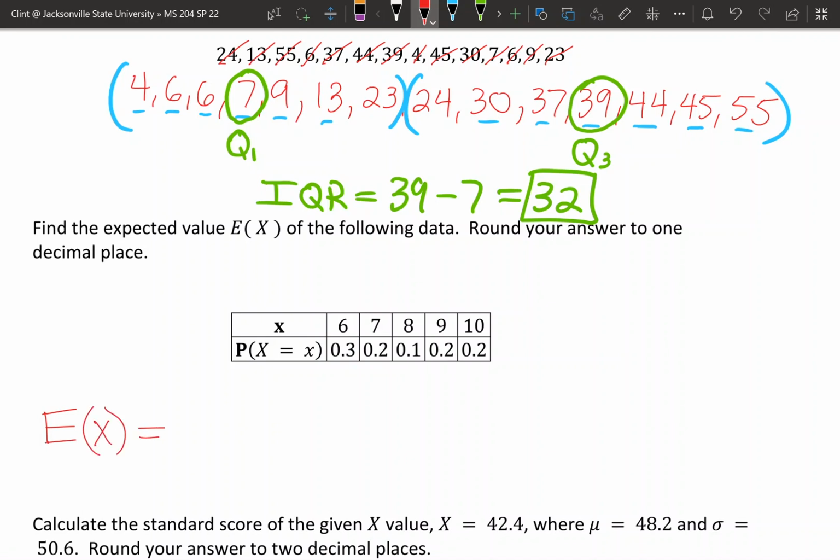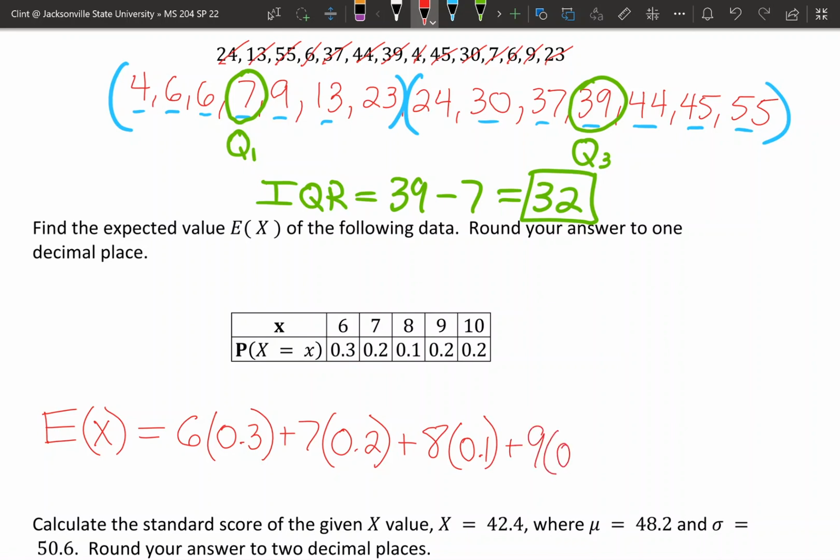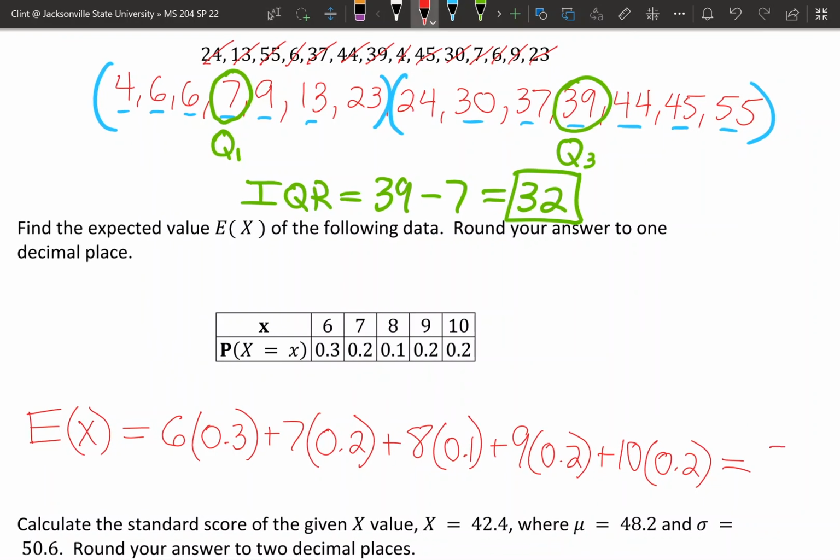So this one, then it'd be 6 times 0.3 plus 7 times 0.2 plus 8 times 0.1 plus 9 times 0.2 plus 10 times 0.2. And let's see what we get there. I'm getting 7.8.